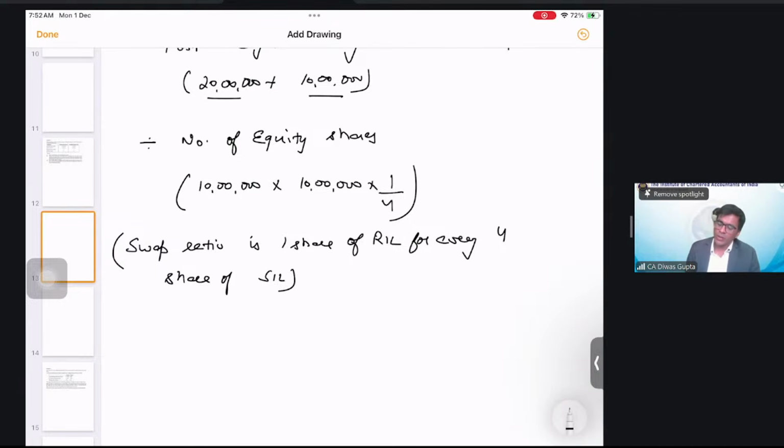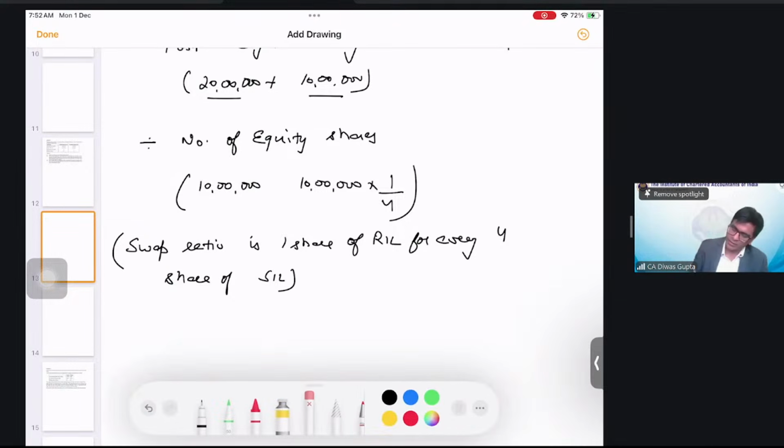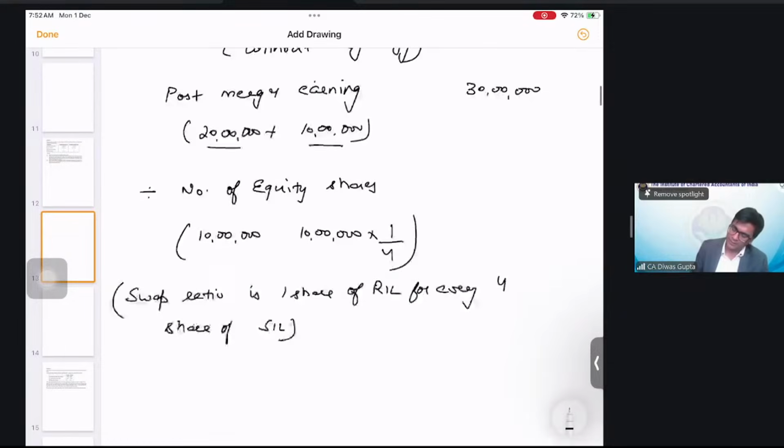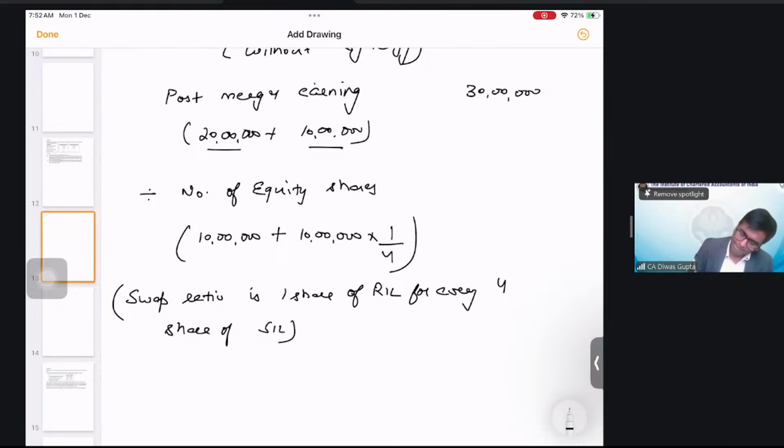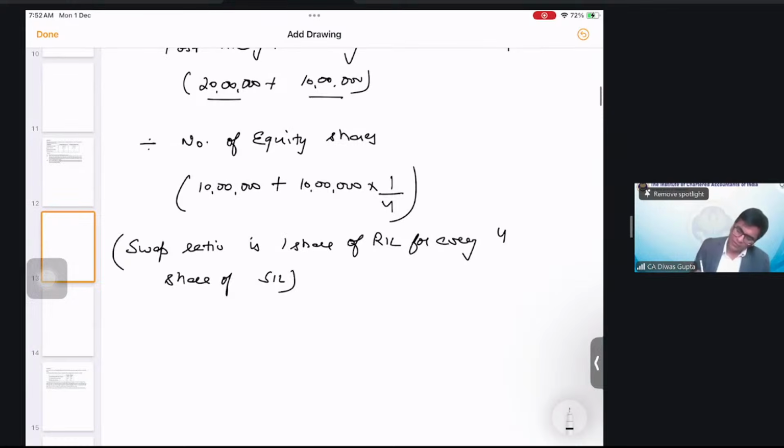So the total number of shares are 10 lakh. Sorry, it's not multiplied, it's plus here. 10 lakh plus 2,50,000, in totality 12,50,000, right?